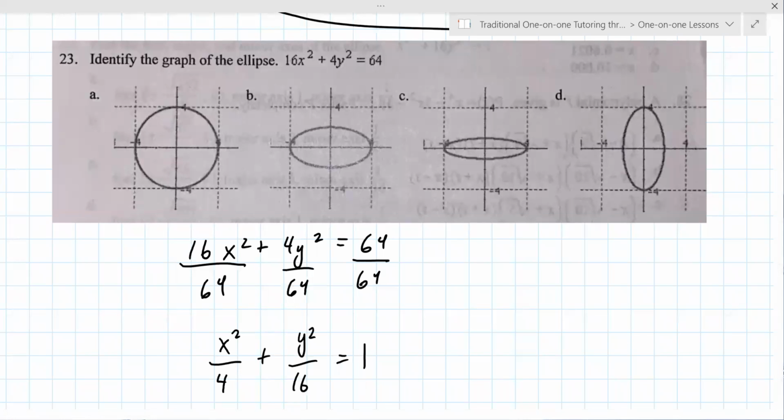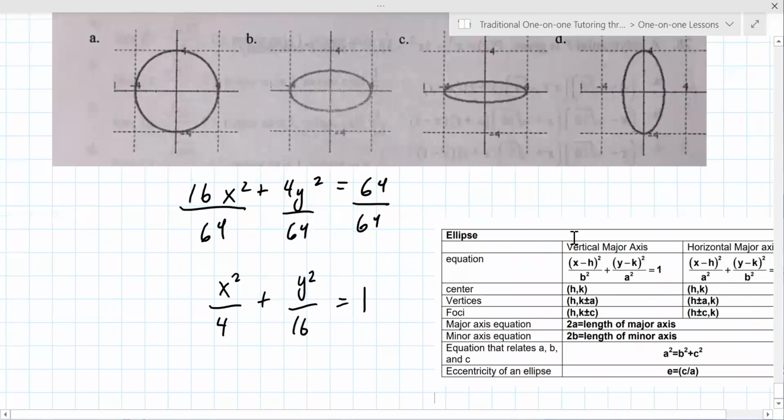And I'm going to snip in this reference sheet yet again, because without this, you just really struggle. So again, A is greater than B, and it's because of this down here. A has to be the biggest one, otherwise this thing would never hold. Okay, so A must be 16 because 16 is bigger than 4.